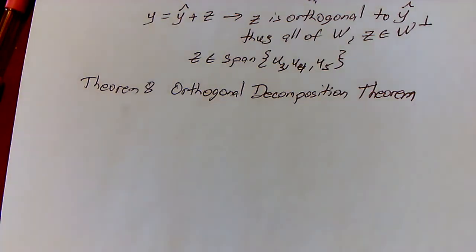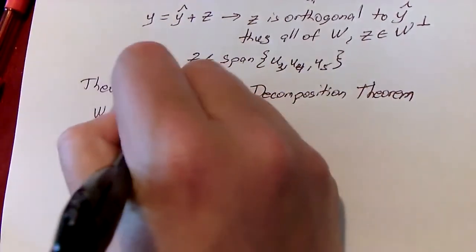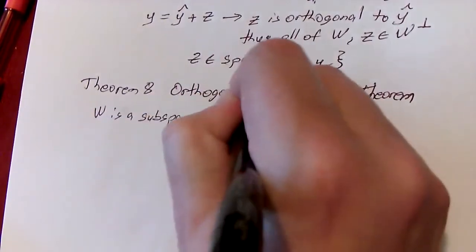Okay? So as I look at this, W is a subspace of Rn.